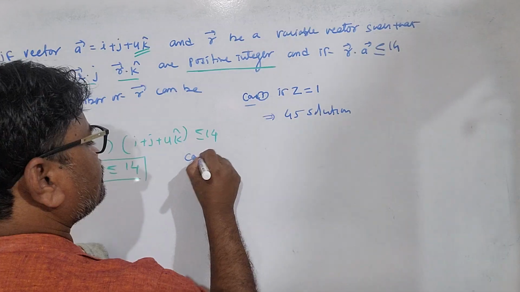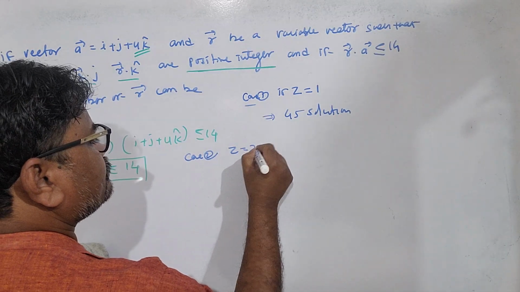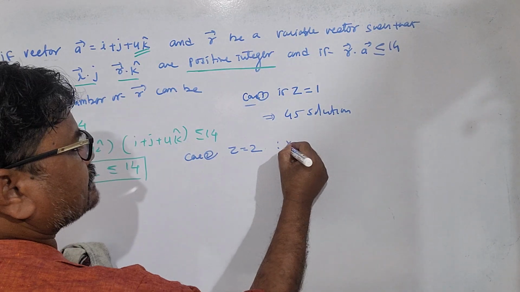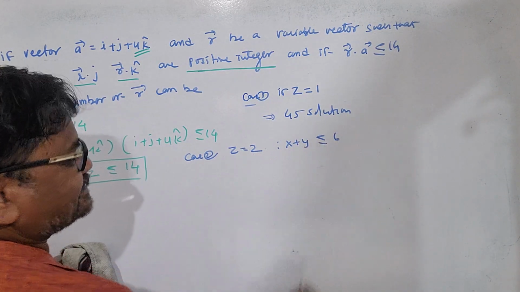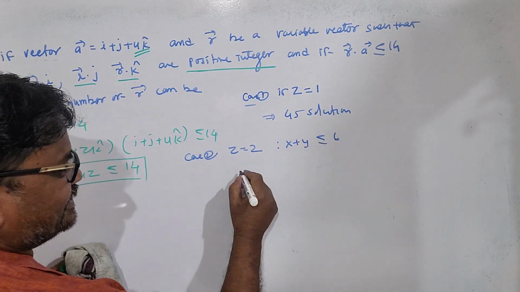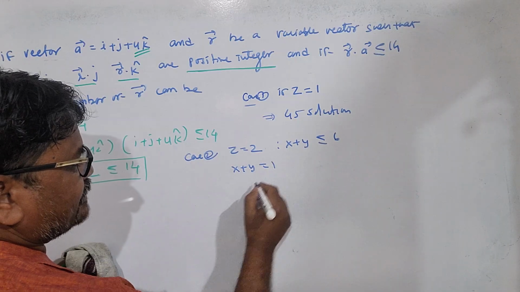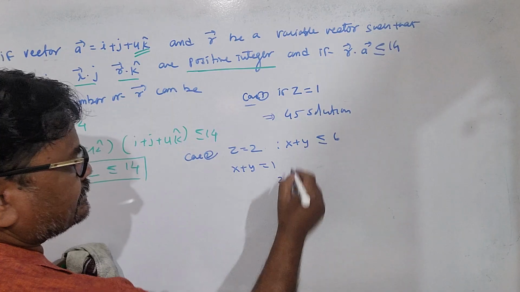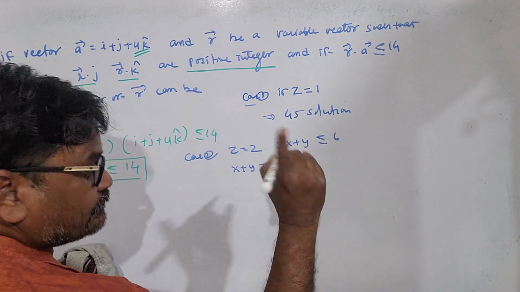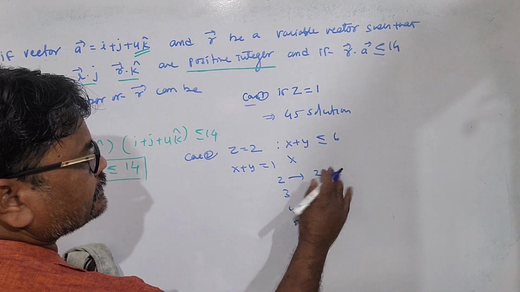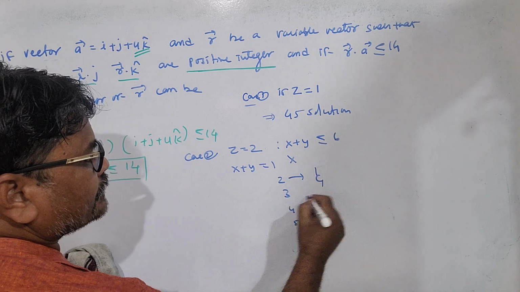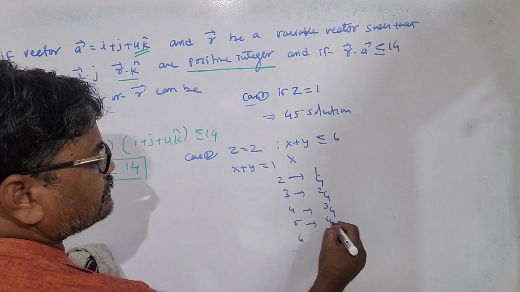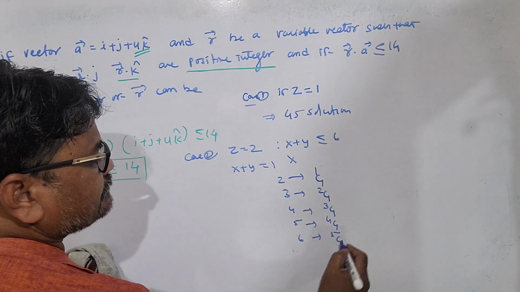Now case 2, z equal to 2. When z equal to 2, it becomes 8, and 14 minus 8 means 6. So x plus y is less than or equal to 6. Correct? So when I take x plus y equal to 1, 2, 3, 4, 5 and 6, x plus y equal to 1 is not possible. The next gives one solution by 1C1, then 2C1, 3C1, 4C1, 5C1 directly.